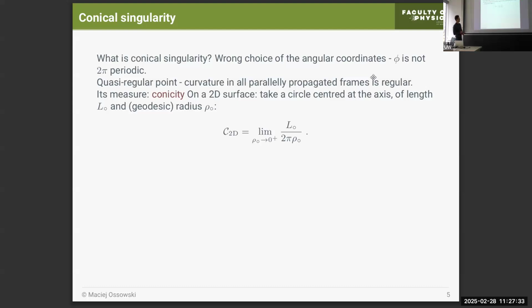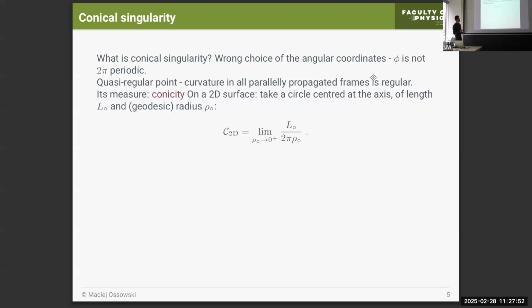Then you take the geodesic radius from the axis to the circle, and you calculate this limit as you shrink the circle around the axis, around the pole.